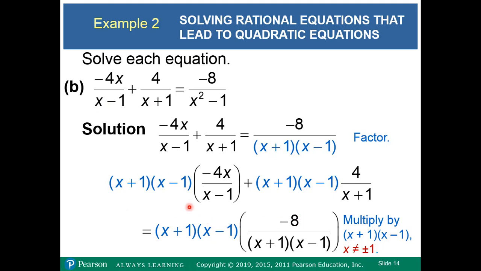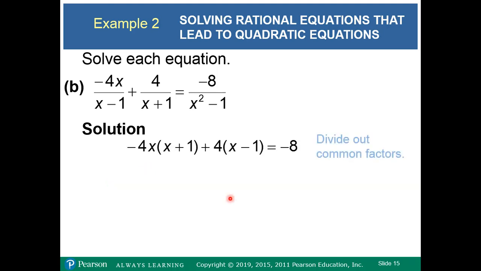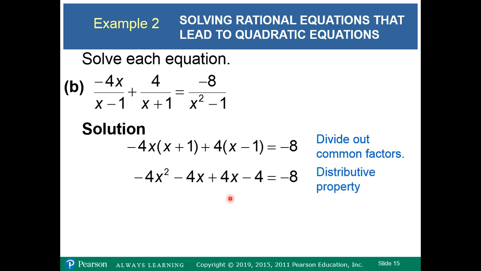Now, what do we end up with? Well, things are going to start canceling, and we end up with this. Again, we use the distributive property, then add like terms, and notice these terms drop out. Here we can factor out a 4, so this reduces to a negative 4.